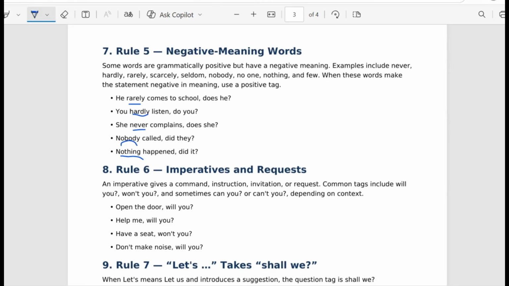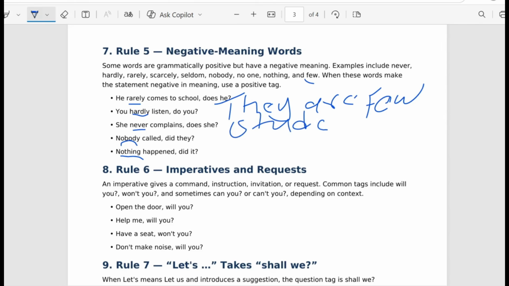Another example, even few, if there is few in a statement, the tag also should be positive. I saw in a certain exam where most learners were asked a question tag using few, and they didn't answer that question correctly. It was like this. There are few students.